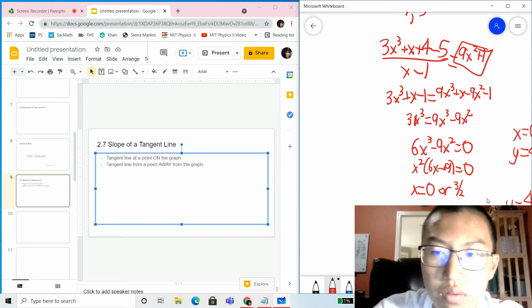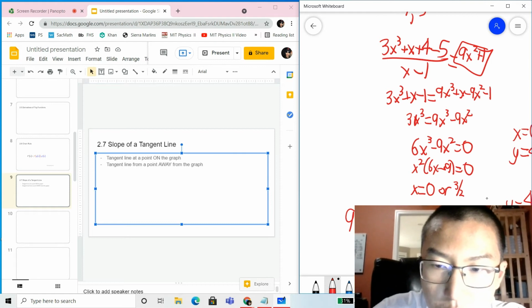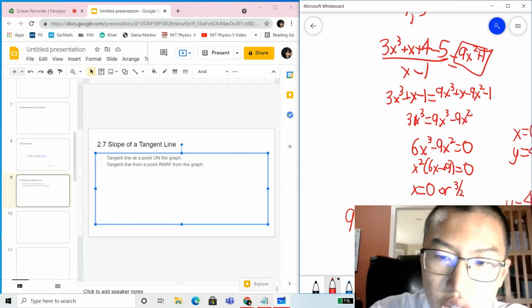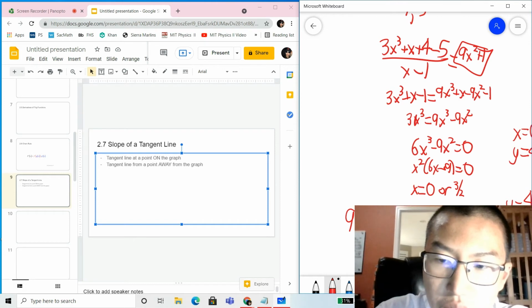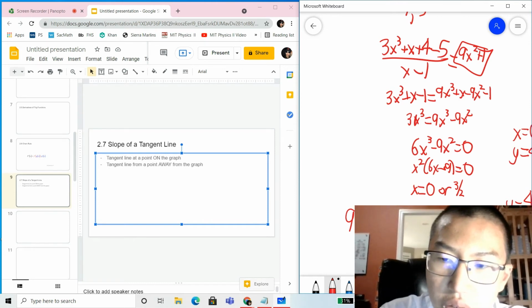X equals 3 halves. Well, let's find the slope. 9 times 3 halves squared plus 1, which is 85 over 4. That's y prime of 3 halves.